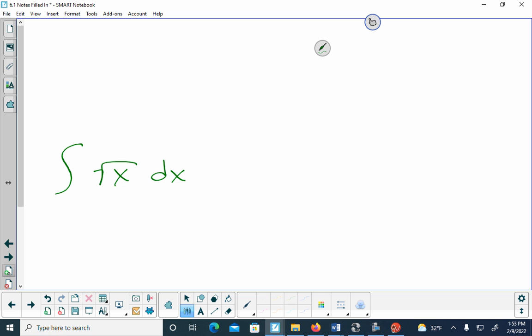So you're rewriting this. Please tell me you're rewriting this first, yes? I'll try. So I'm rewriting this to x to the 1/2. Now, if I'm following that formula, which you might want to start following when you first start, this is going to be raised to 1 power. So I'm going to take 1/2 plus 1. Are you with me? And I'm going to divide it by whatever that exponent is.